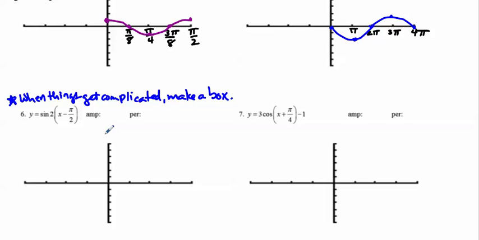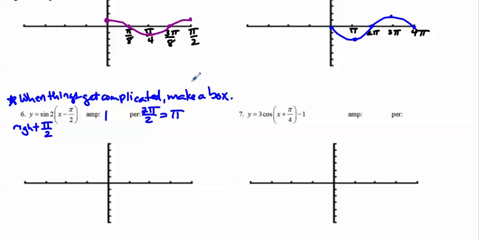Okay, so looking at these transformations, I can see an x minus pi over 2, which tells me that my graph is going to move right pi over 2. My amplitude was not changed because there's no number in front of the sine, so my amplitude is still 1. My period was changed by this 2, so my period is 2 pi over 2, which is pi.